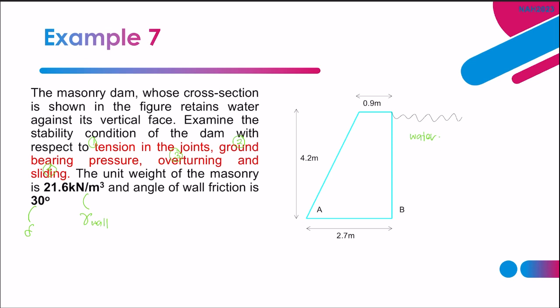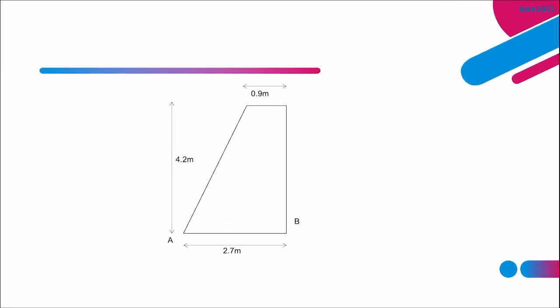For this one, let's look at how I am going to divide this cross-section of the retaining wall to make it easier for us to calculate the weight. Right, so I divide it like that so that it is easier for us to get the value of the center of gravity, W1 and W2. I'm going to look at W1 first.